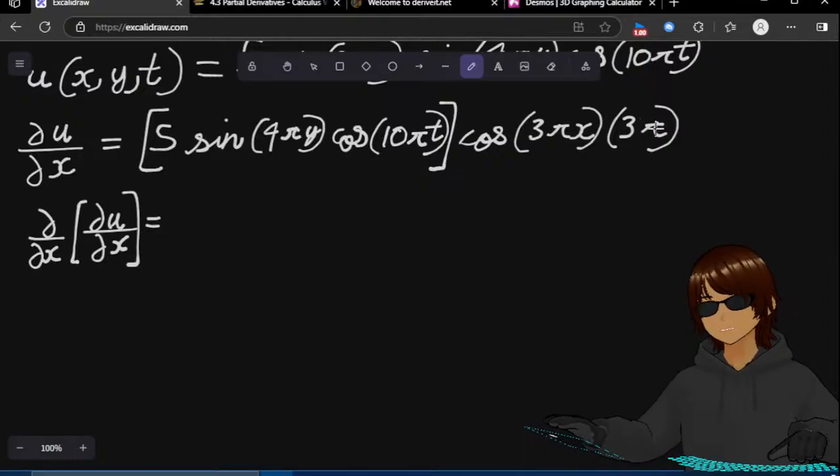This time 3 pi itself is also constant, right? So 5 times 3 is 15 pi.